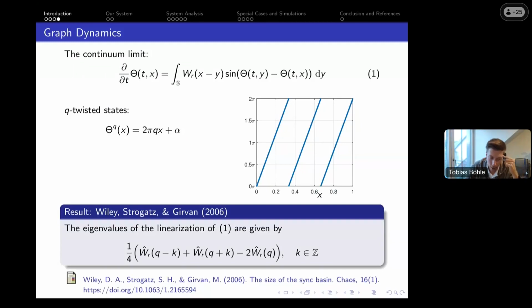The 0 eigenvalue has multiplicity 1, simple, because there's only a one-dimensional continuum of equilibria or q-twisted states. But then you can see if you replace k with minus k, then the eigenvalues agree. So that's why all of these eigenvalues have multiplicity 2. I see. Thank you. Yeah, you're welcome.